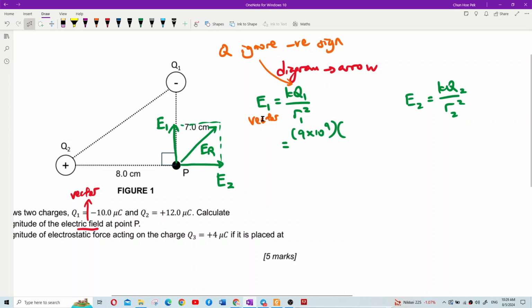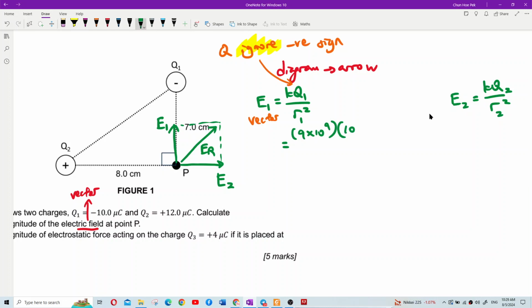But if it is a vector, ignore the negative sign. So don't substitute the negative sign. Just put 10 micro, micro is 10 to the negative 6 coulomb.